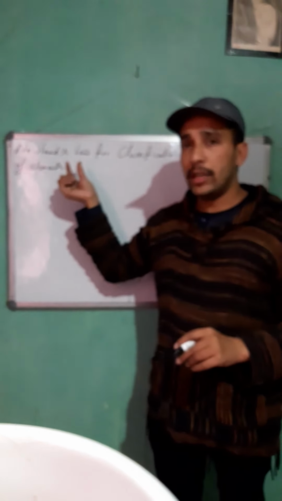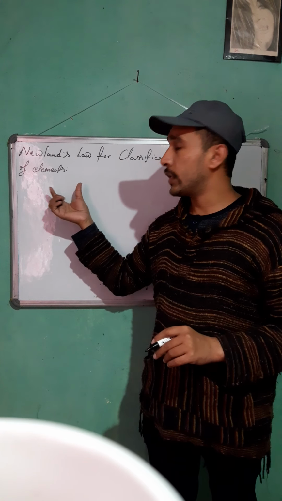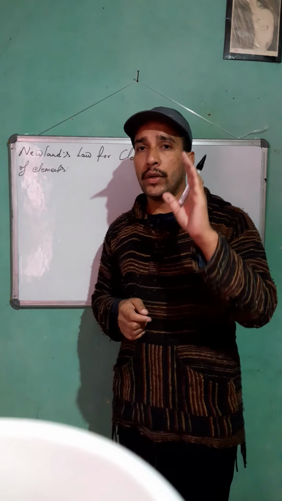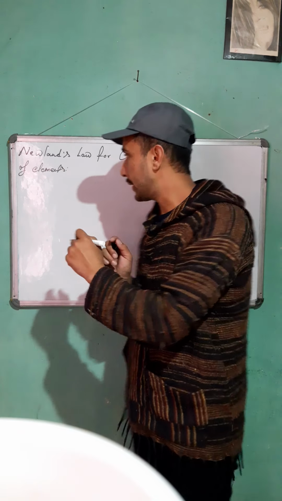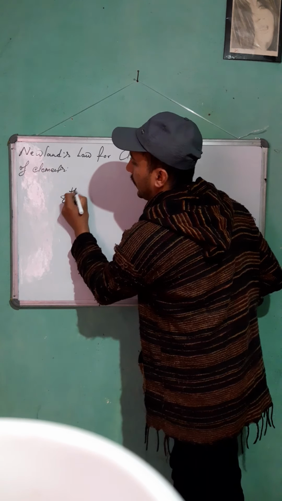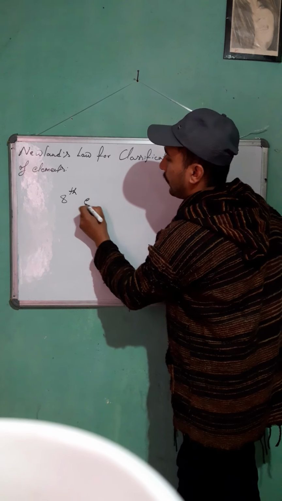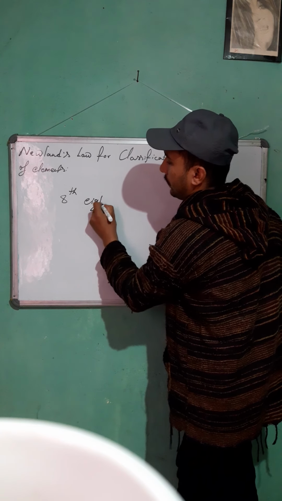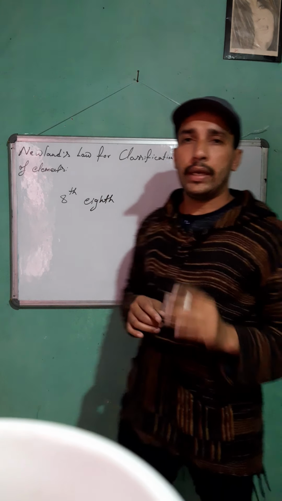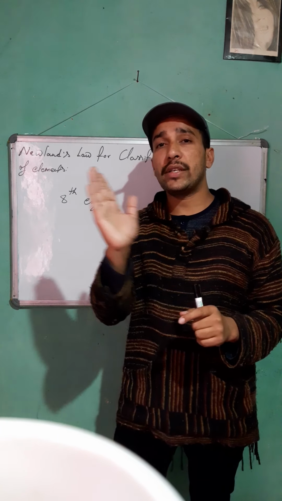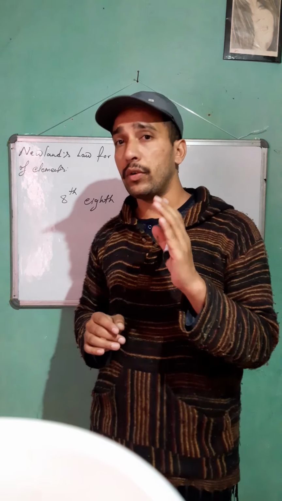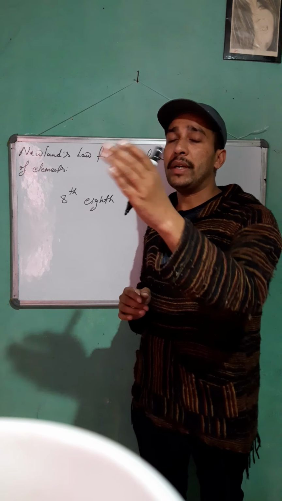Newland said that elements are arranged in increasing order of their atomic masses, and the physical and chemical properties of every eighth element, starting from any element, is the repetition of the physical and chemical properties of the first element itself.